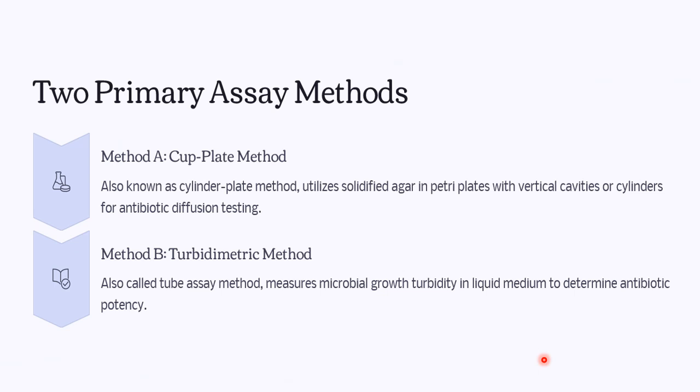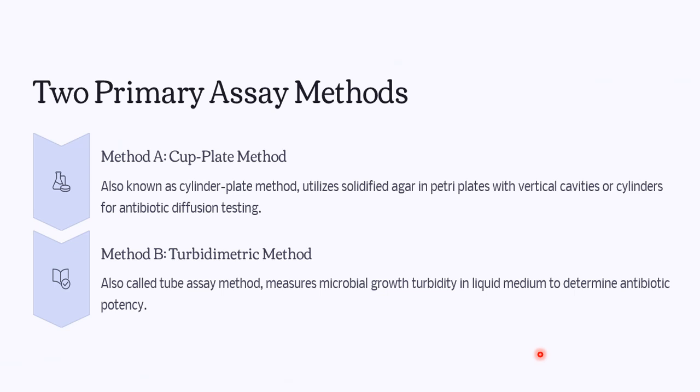Then the main part of antibiotic assay, that is, the different methods. There are two primary methods used for antibiotic assay. We have already discussed different methods of antibiotic assay, which include the serial dilution method and the diffusion method. These two methods are the core concept or principle behind the antibiotic assay.